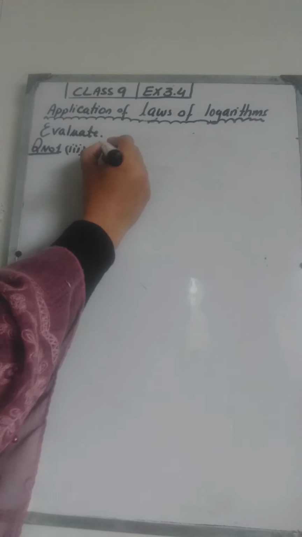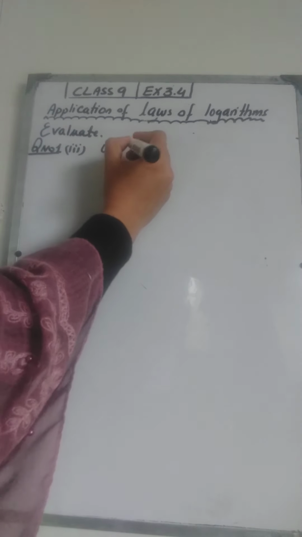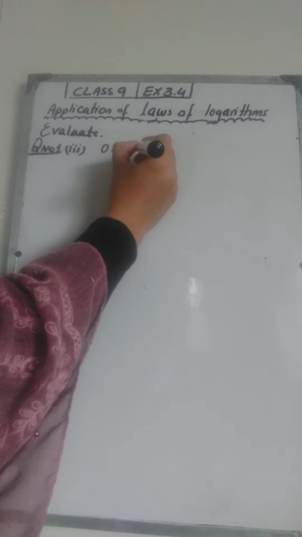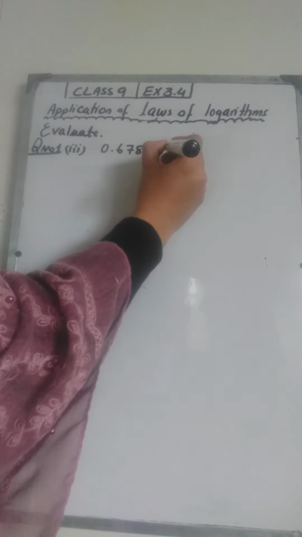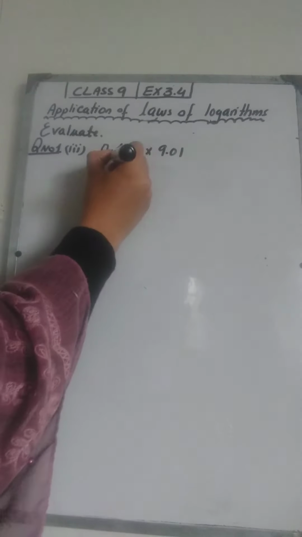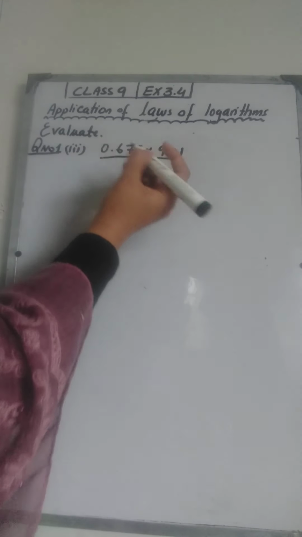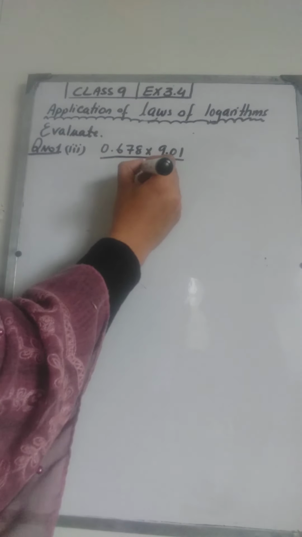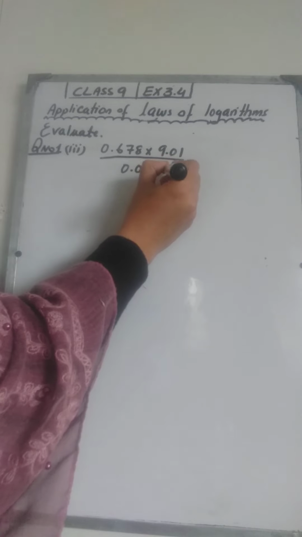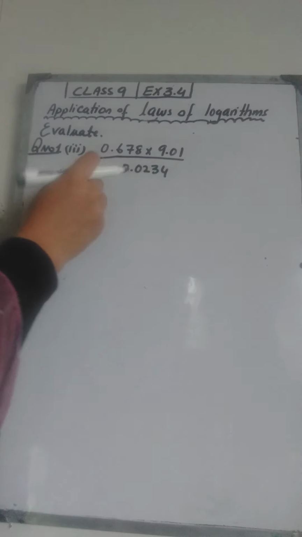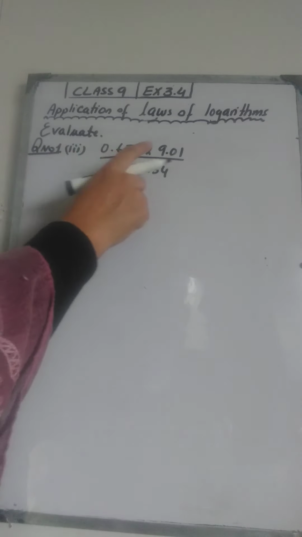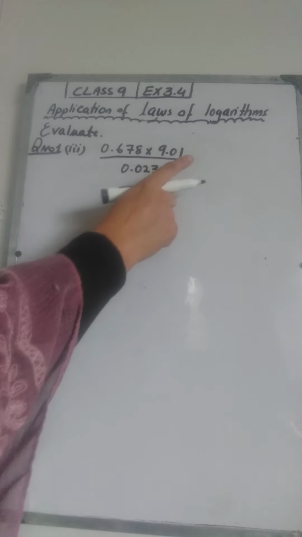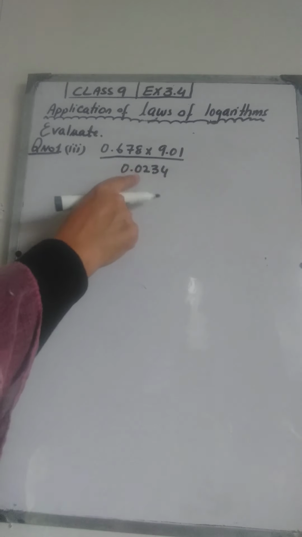We have the expression 0.678 into 9.01 over 0.0234. So this is the expression: 0.678 into 9.01 over 0.0234.